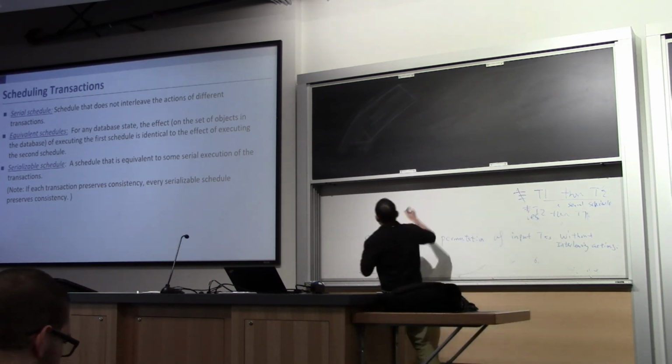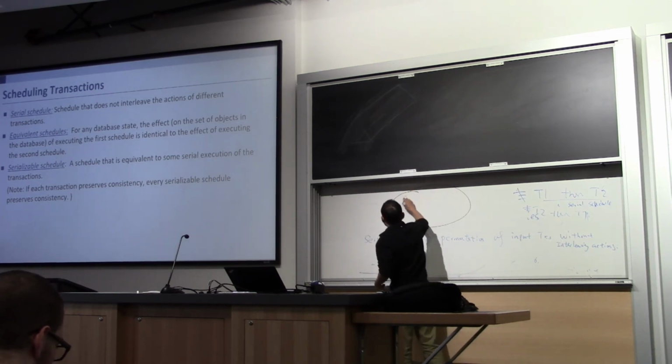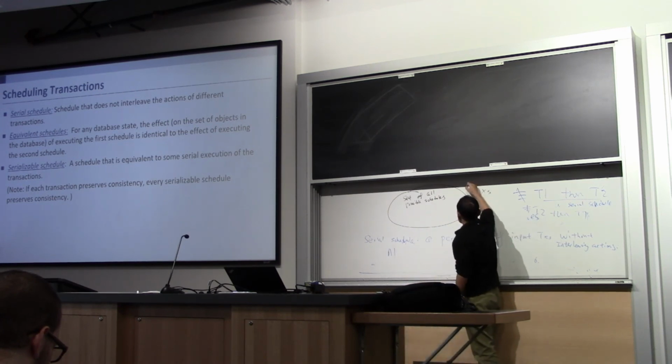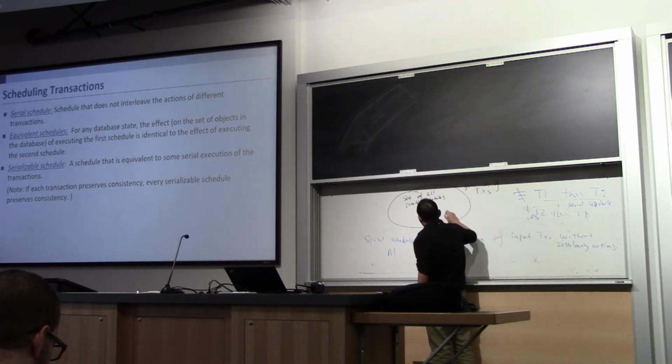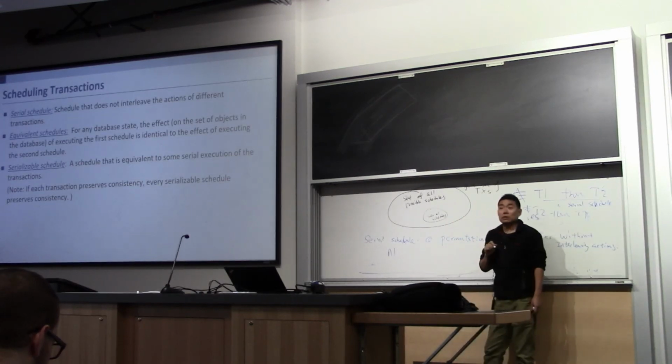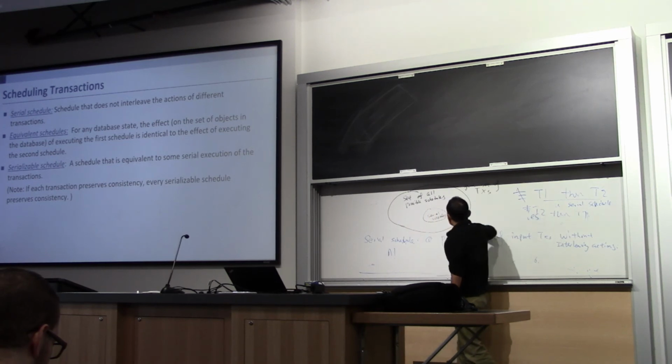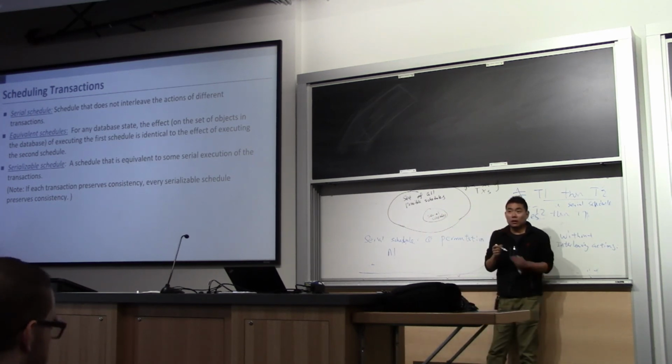So this is, let's say, the set of all possible schedules for a given set of transactions. Somewhere in it are the serial schedules. You follow me? So far so good?